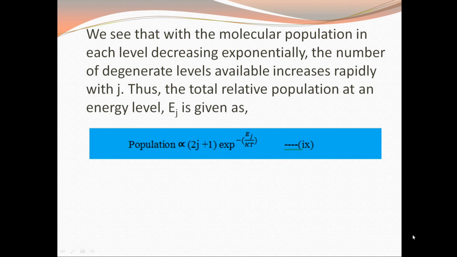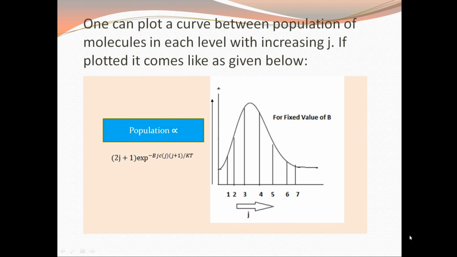When the value of J increases, in the beginning the population will increase, but when J is much larger, exponentially it will go down. Both give their effect. So finally, when the value of J is large, there is a fast exponential decrease.